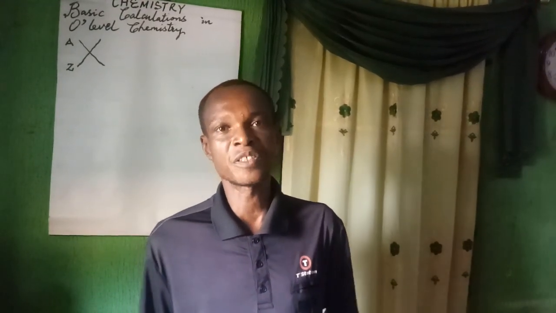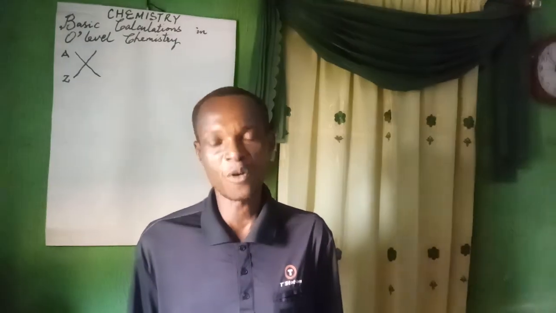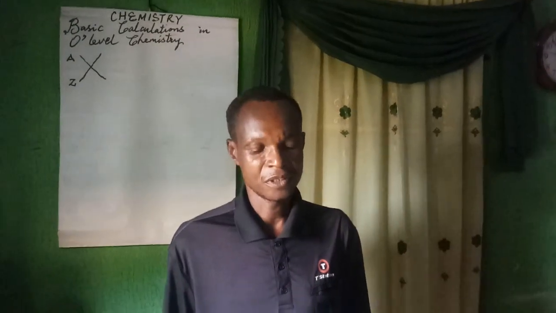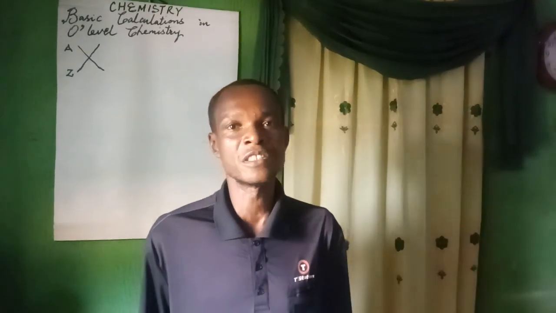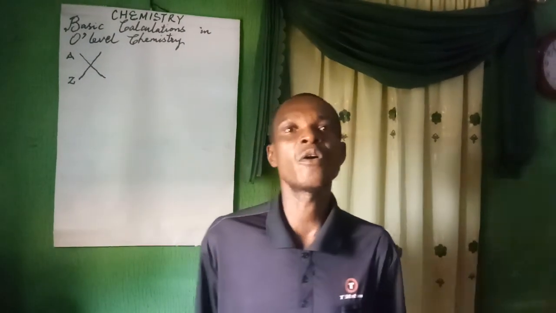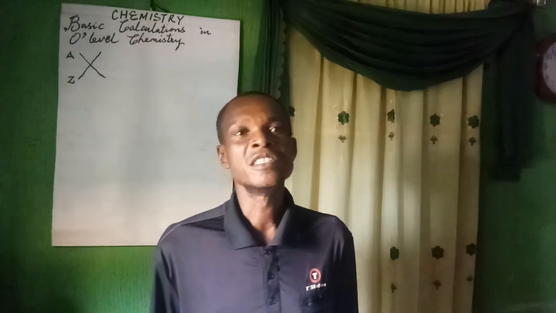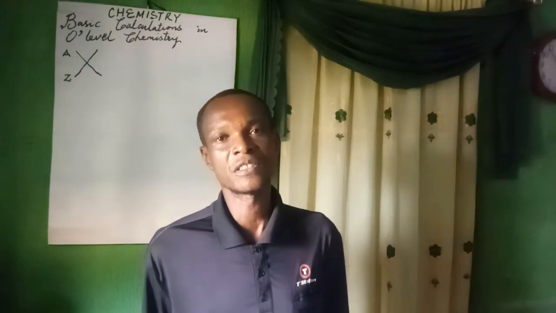Summarily, I've mentioned the importance of symbols, the combination of elements to form compounds or molecules, such that if we have to do calculations based on all of this, we'll be able to use their mass number or atomic number, depending on what is expected of us to calculate.